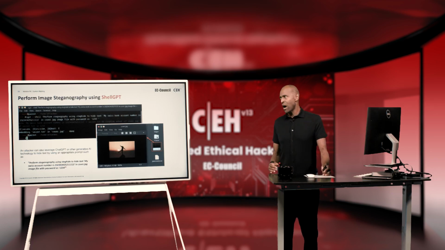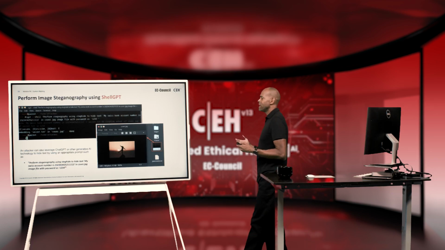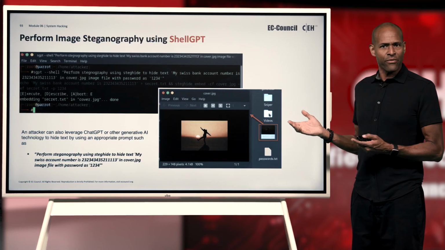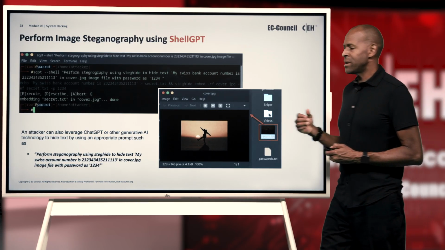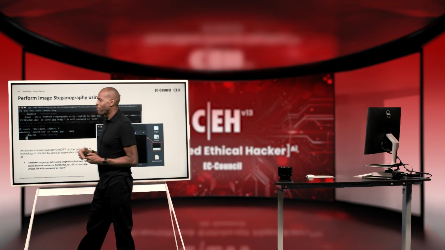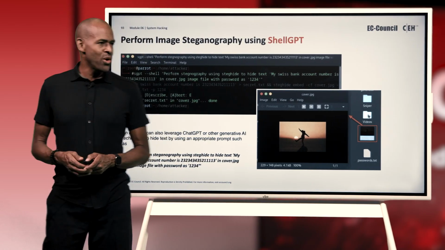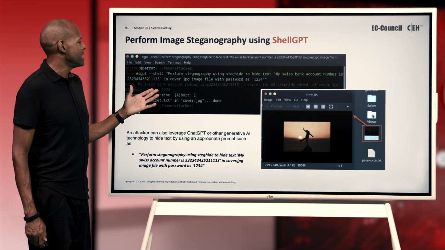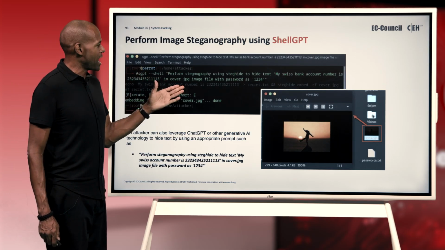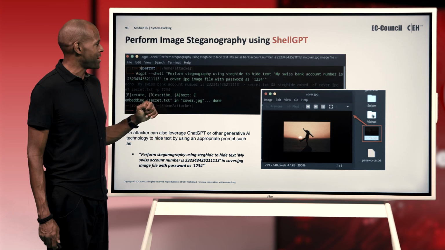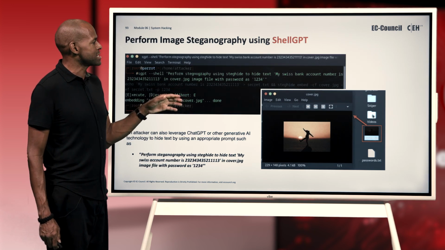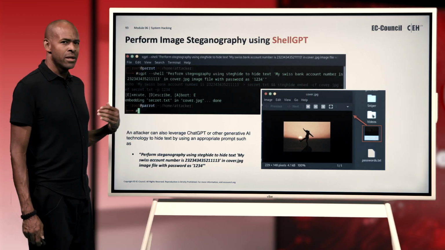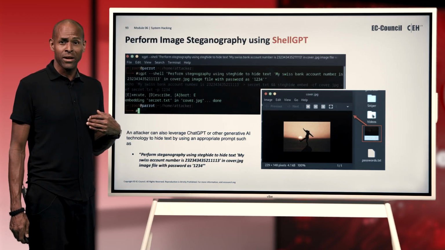Also with steganography, we can make use of Shell GPT to make steganography work for us in the easiest manner possible. Let's have a look at what we do with Shell GPT. So SGPT, --shell, and then perform steganography using StegHide, yet another tool, to hide text. My Swiss bank account number is 2323. Whoa, that's my Swiss bank account number too.